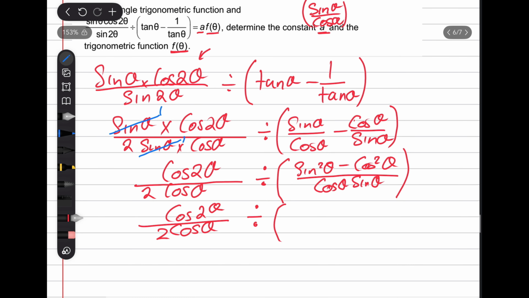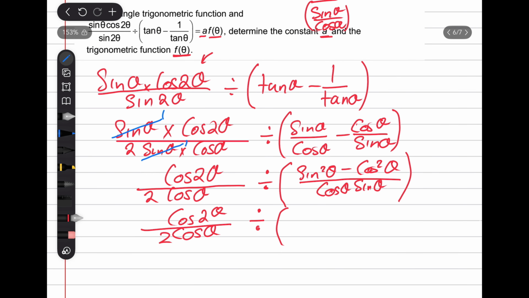So if you can just have a look at this, remember that we have cos squared theta minus sine squared theta. This is a double angle of cos, so this almost looks like the double angle for cos, right? But then it is not. Why? Because cos is positive here, cos is negative here, sine is negative here, sine is positive here.